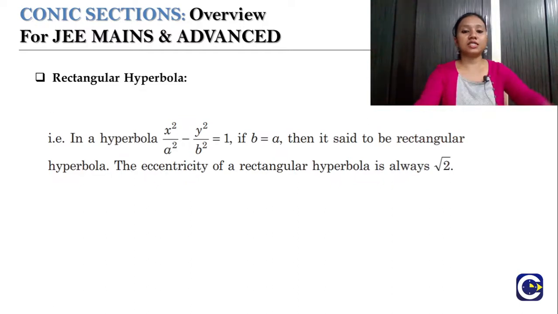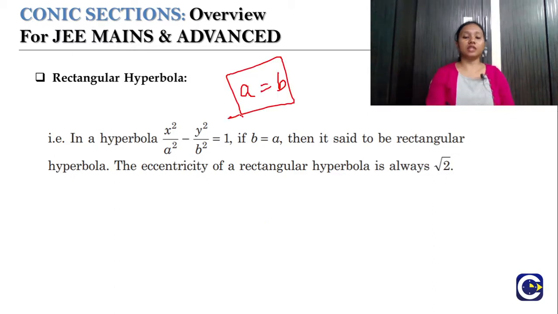Right, so let's see the eccentricity of our rectangular hyperbola and the standard conditions related to it. In a hyperbola x square by a square minus y square by b square is equal to 1, if our transverse as well as conjugate axis lengths become equal, that is a equal to b, then the hyperbola is said to be a rectangular hyperbola.